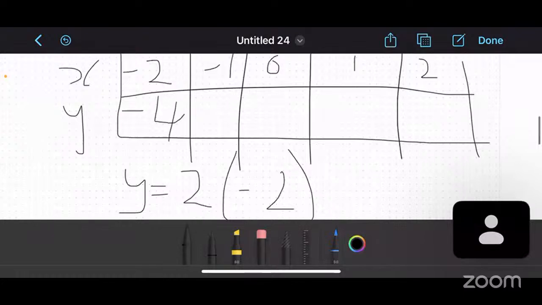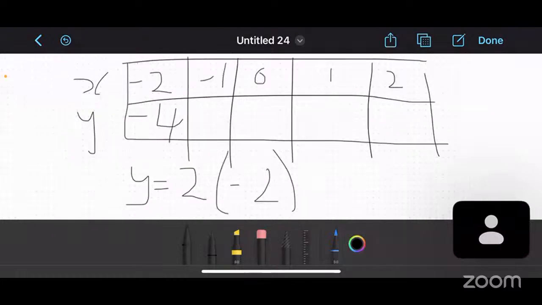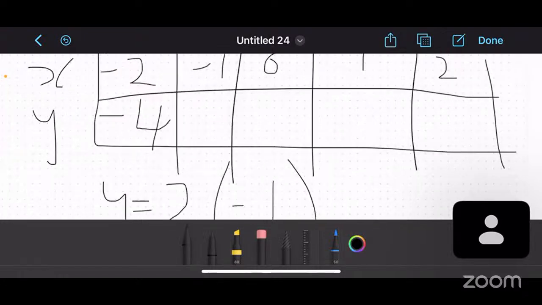Then next you write y equals 2 bracket negative 1 close bracket. Then your answer will be negative 2.